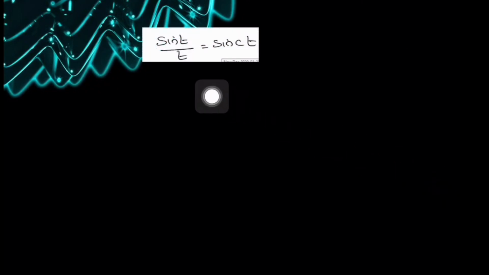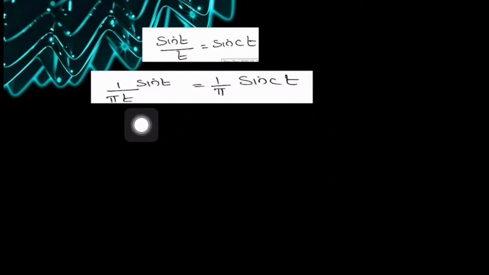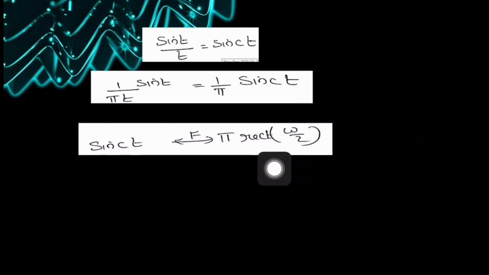As you know, sin t by t is defined as sinc function. Hence we can write sin t by pi t as 1 by pi into sinc t. Now we are going to find Fourier transform of sinc t by pi. In fact, Fourier transform of sinc t is pi rectangular omega by 2.